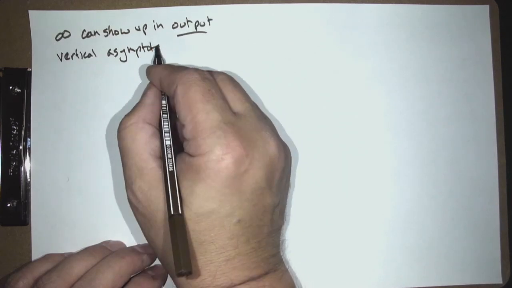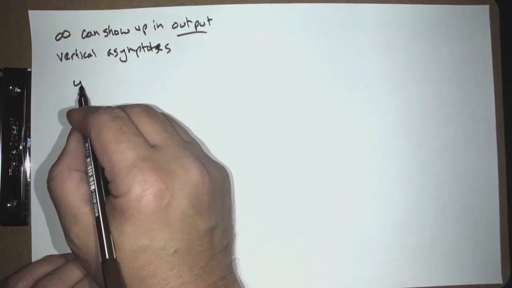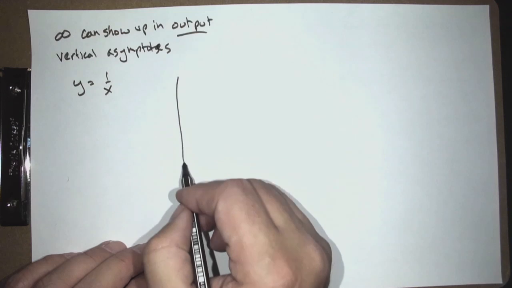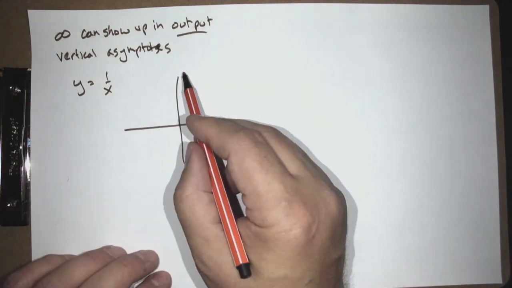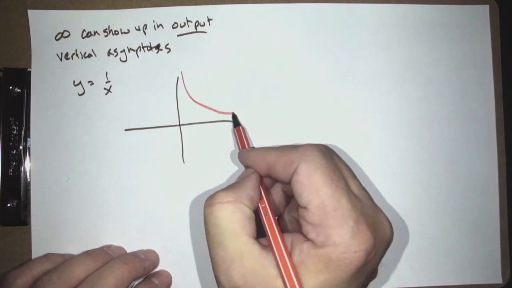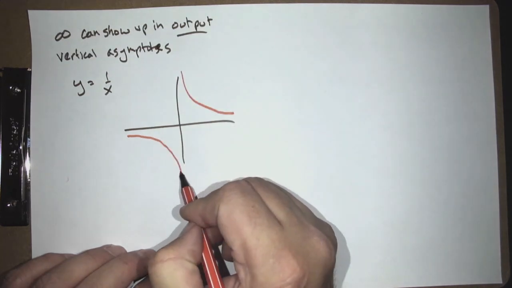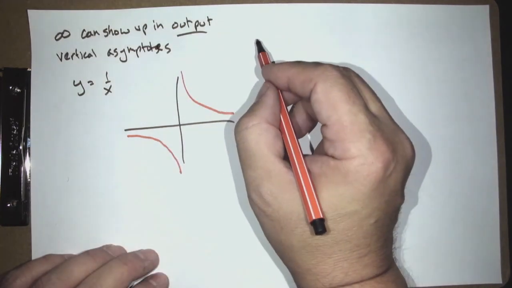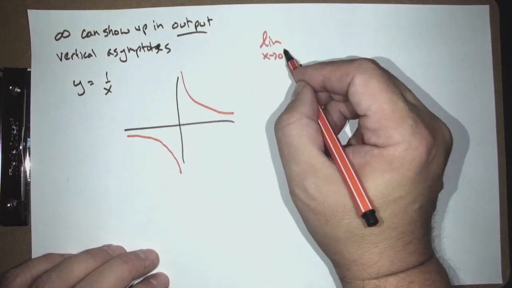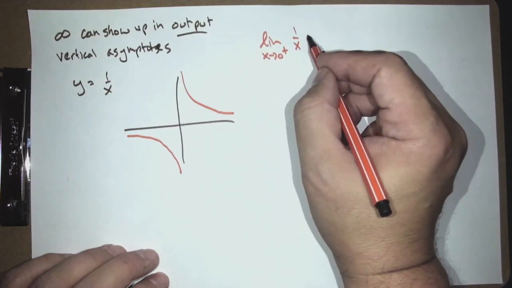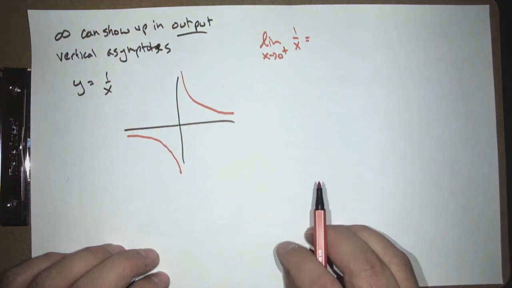Probably the easiest one that you will recognize is y equals 1 over x. What happens to 1 over x as x gets close to 0? It blows up. So the limit as x approaches 0 from above of 1 over x, what does that become?